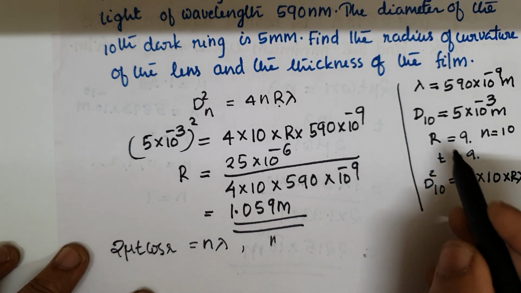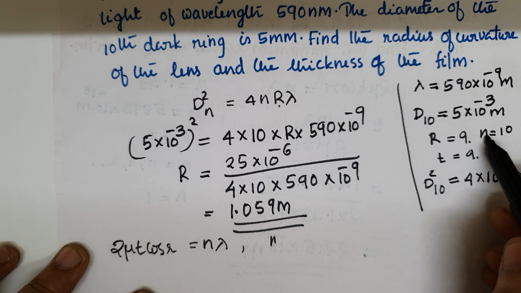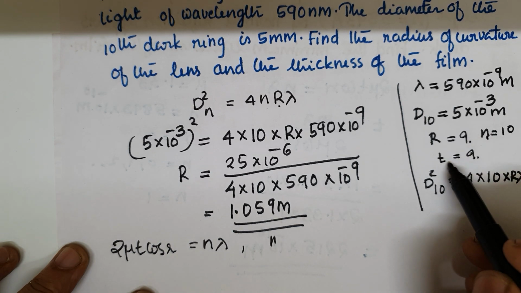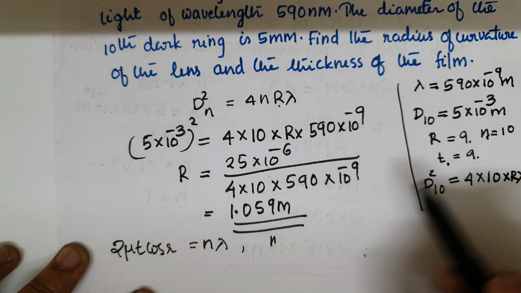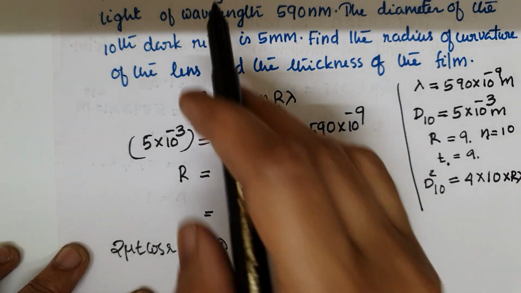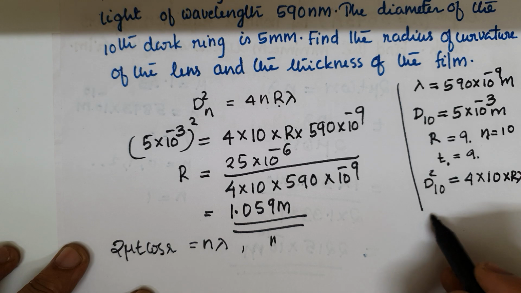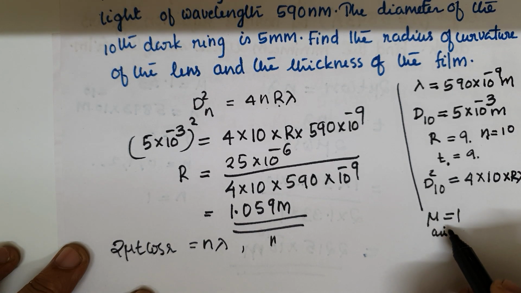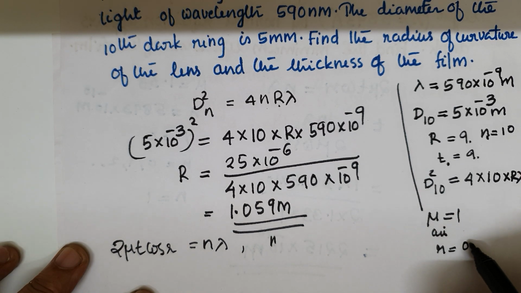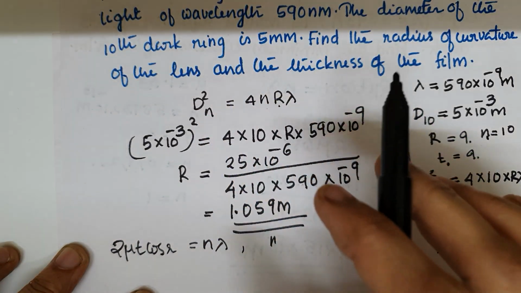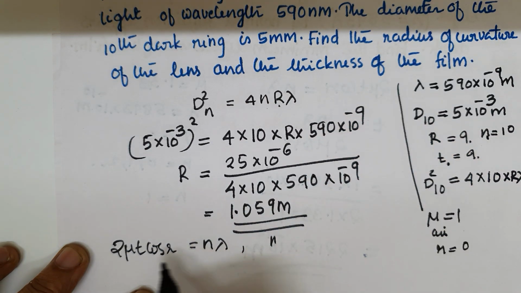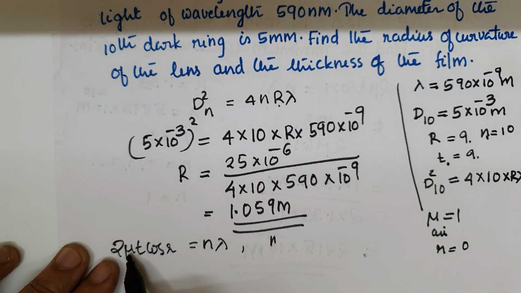Here n is given as 10, and t should be found out. In the case of Newton's rings, we are using the air film, so mu for air is 1. And for normal incidence, r is equal to 0, since in Newton's rings we consider normal incidence.